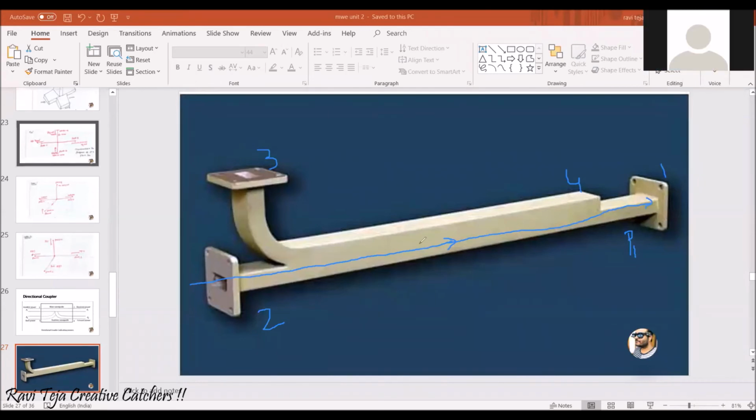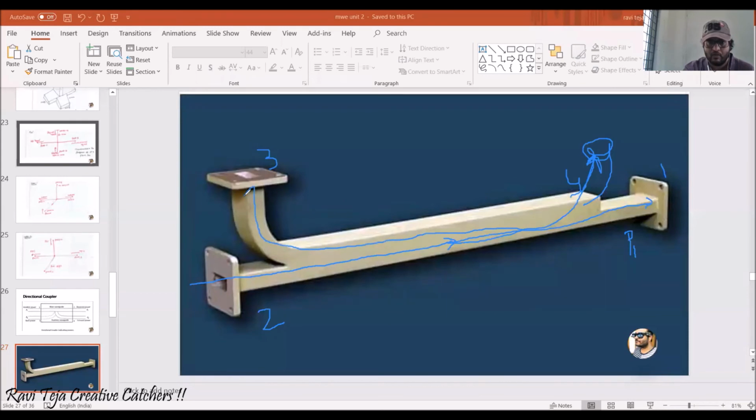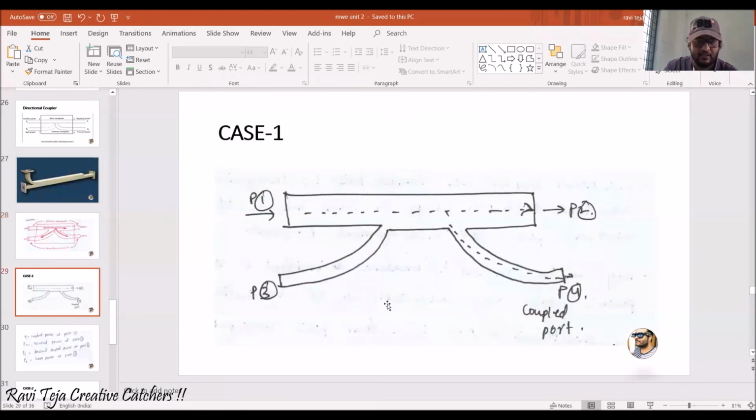Port 4. So port 4 will be our forwarded power port. Here we get an opening, in real time, if they are using this one. What is the port here for back power? If there are any reflections, where does it go? Port 3. So if there are any reflections, it directly goes to port 3. In some manufacturing designs all the ports are kept open, and in some manufacturing designs they will be closed like this. Okay, this is what I explained.